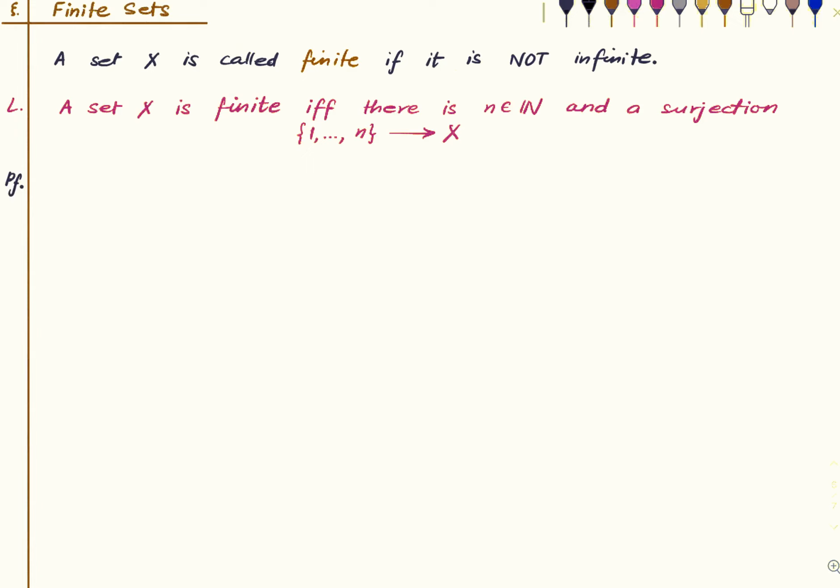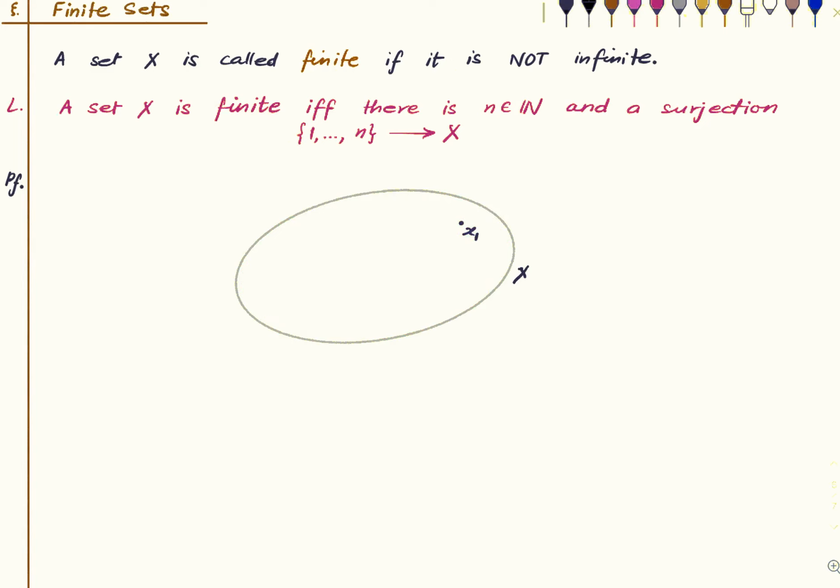If there is such a surjection, then x cannot be infinite. That should be clear. For the other direction, suppose x is finite, then we want to prove that there is such a surjection. Assume there is no such surjection, and we have this blob to denote the set x. If there is no such surjection, then there is none for n equals 1. So fix a point x1 here, and this cannot be the entirety of the set x, because if it were, then there would be a surjection from this to x.